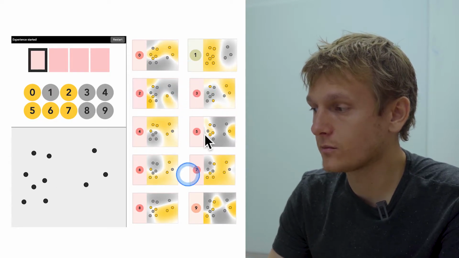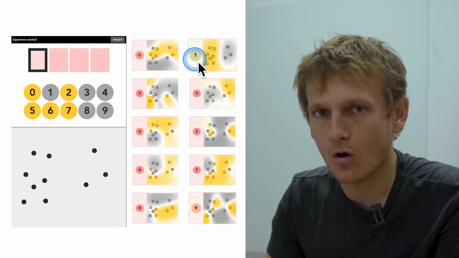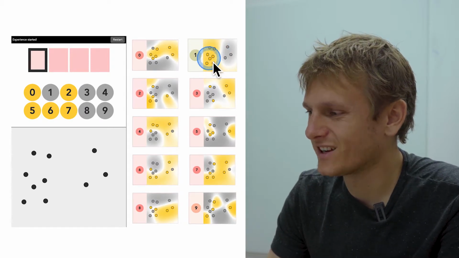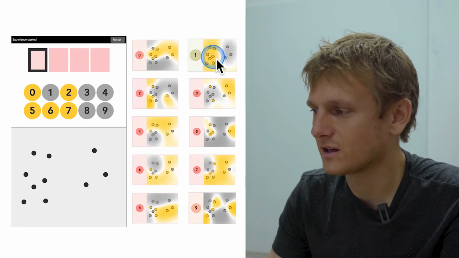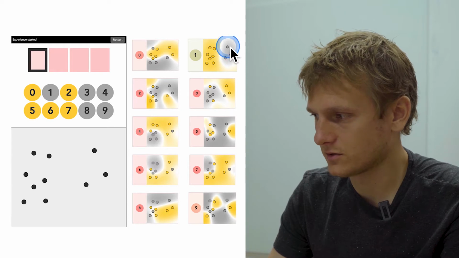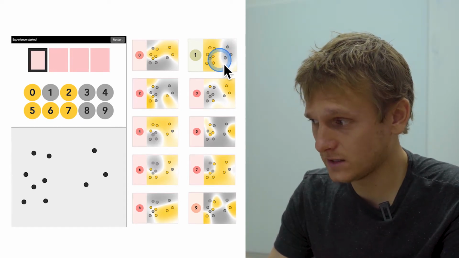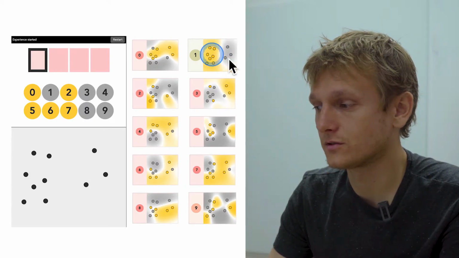And you see in that case that number 1, the digit we're actually trying to type, is turning a bit towards the green, because you can see that this one compared to the other one is much nicer. All the yellow dots are on the same side, all the gray dots are on the other side. And so it's really easy to draw that line between the two digits.